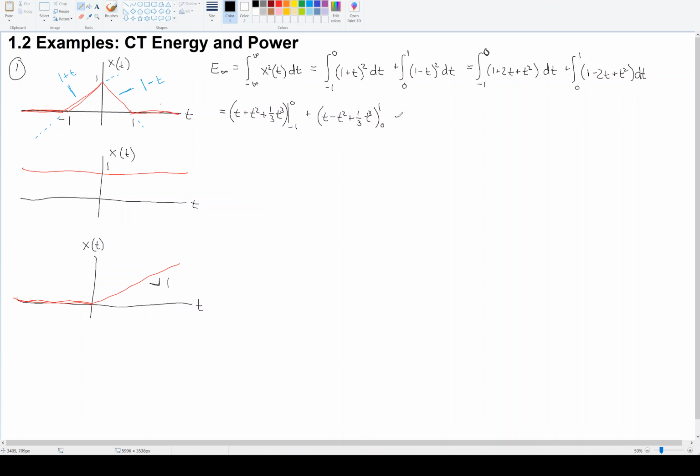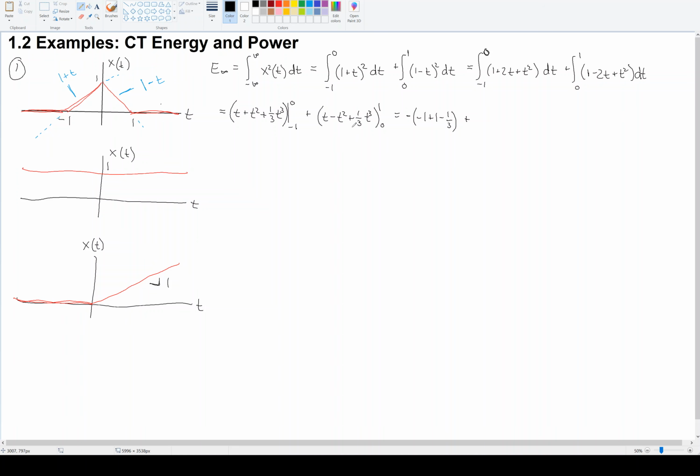Now I plug in my bounds. Notice when I plug in 0, I get 0. And when I plug in -1, minus what I get there, I get a -1, then a +1, then a -1/3. That's in the first piece. Feel free to pause this video and work out these details yourself.